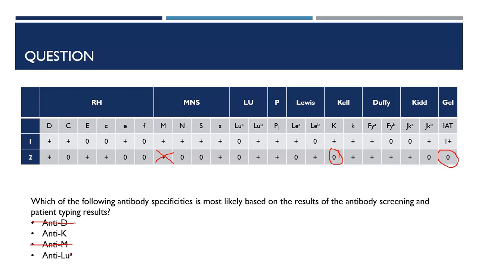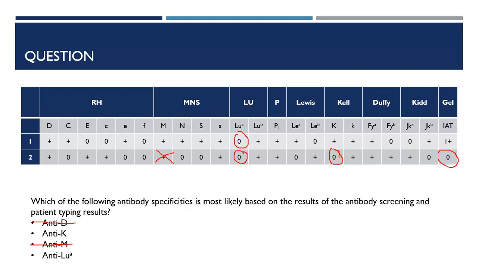How about anti-Lutheran A? Well, if we look at our screen cell number 2, again, this was negatively reacting, and Lutheran A is not present, but it's also not present here. Remember, Lutheran A is a low prevalence antigen in the Lutheran system.